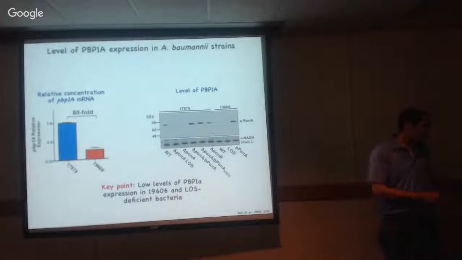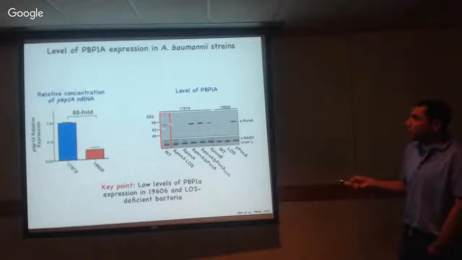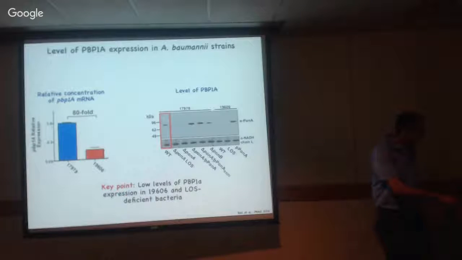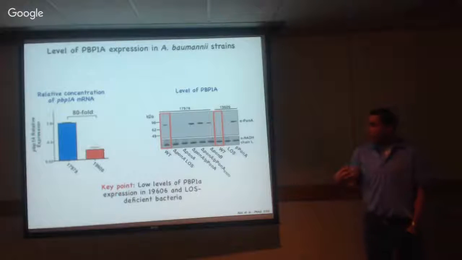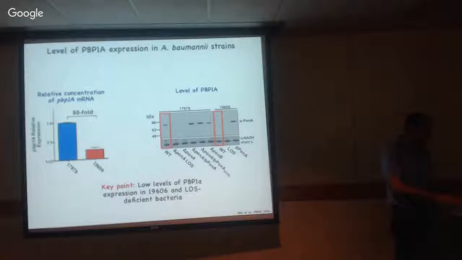And if we look at the proteins, 17978 produces PBP1A, but we could not detect it in the 19606 strain, suggesting that low levels of PBP1A in 19606 are required to be able to select for these LOS-deficient bacteria.